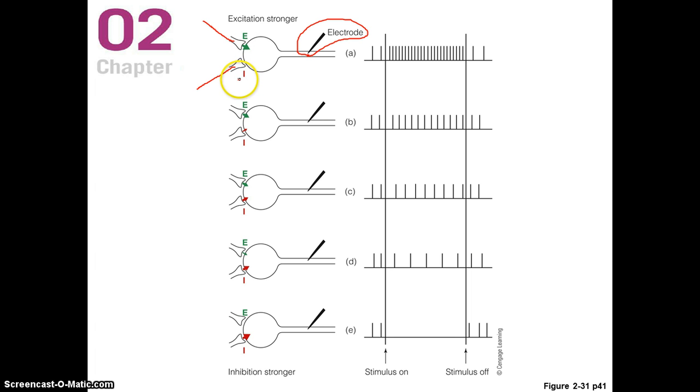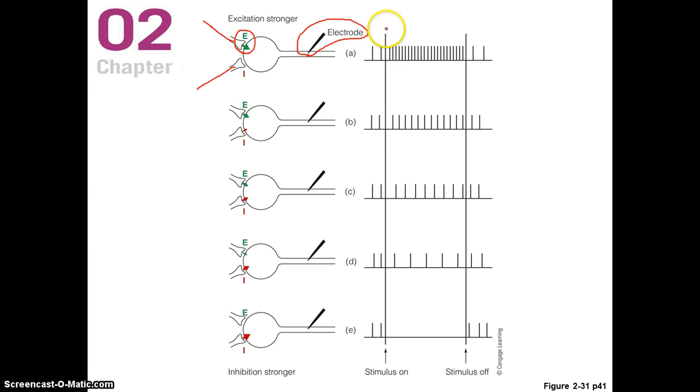These two things add together. So imagine this cell that we're recording from is, at one particular moment in time, only receiving excitatory input. What is the activity of that cell going to look like?